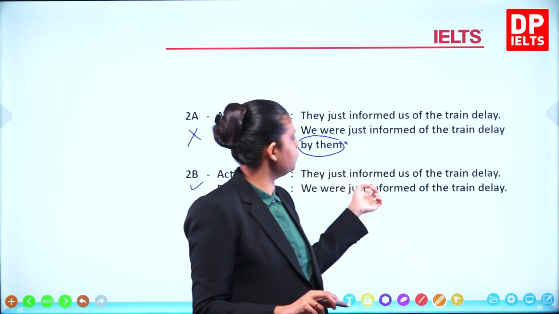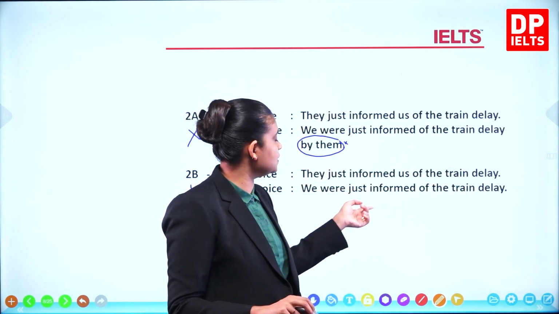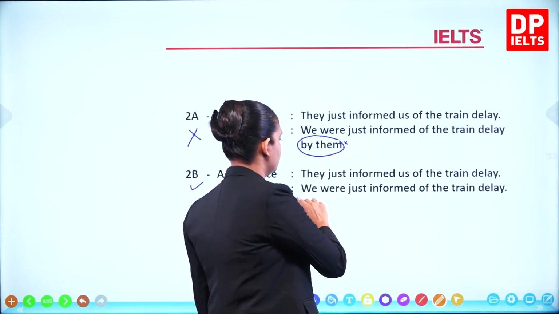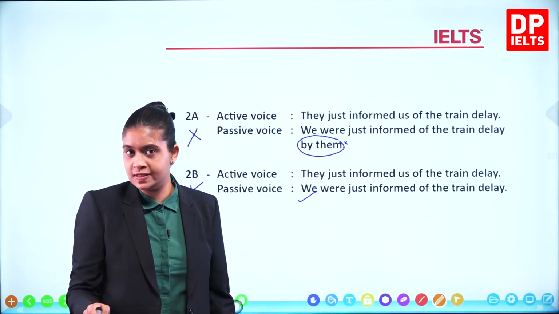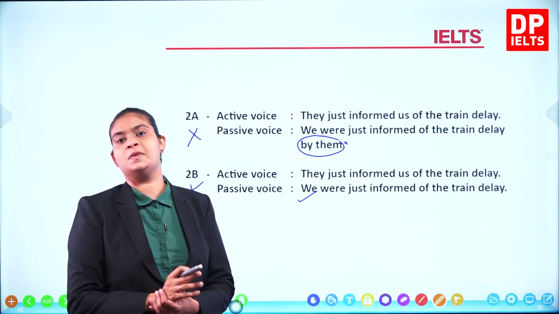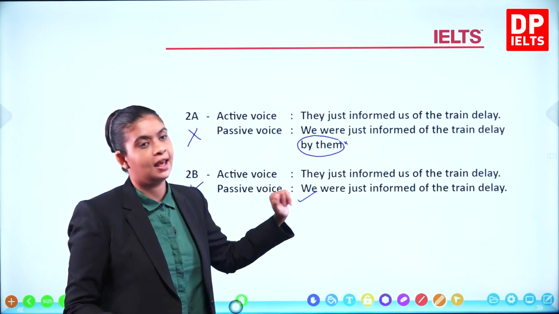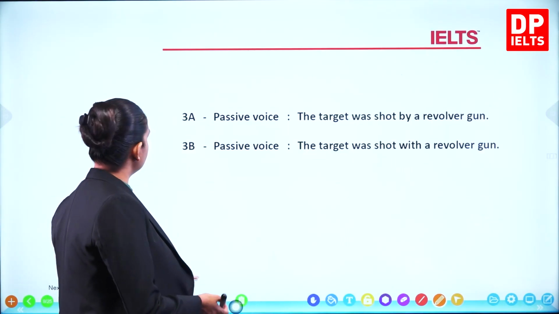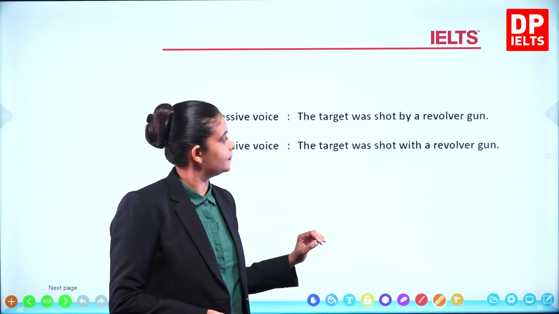They just informed us of the train delay. We were just informed of the train delay. So because we don't need who did the action, it's not important, it's not significant, that has been omitted, and that is why this is incorrect and this is correct. Alright, so moving to the next one, let's have a look at these two sentences.